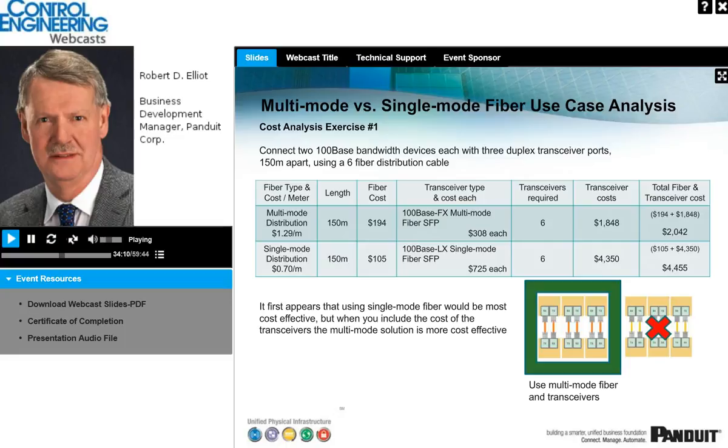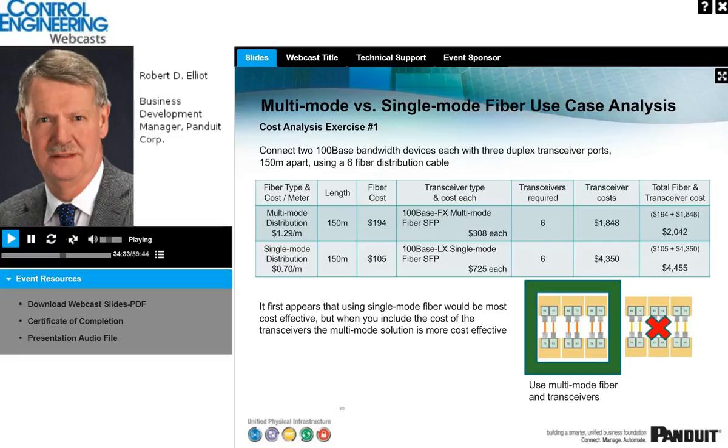Given that this particular example was using 6 of these transceivers, you can see that this single mode configuration is costing more than twice that of the multimode. That's in those cases when you would need to consider the cost equations when you could use both fiber types.